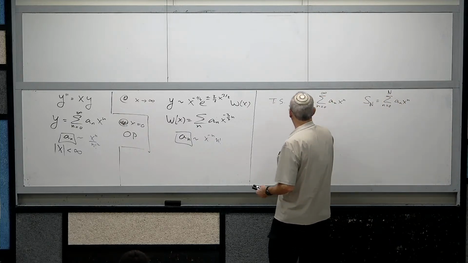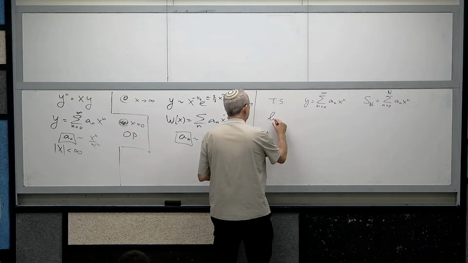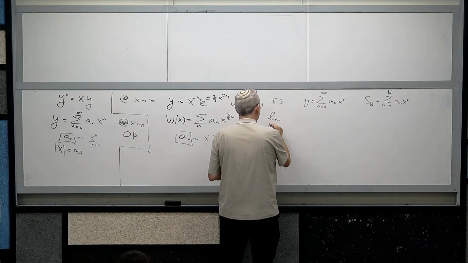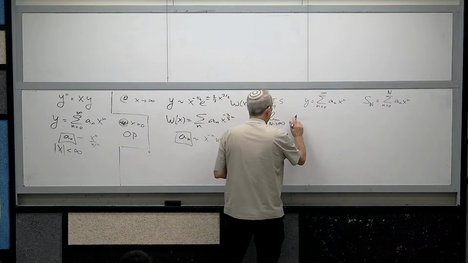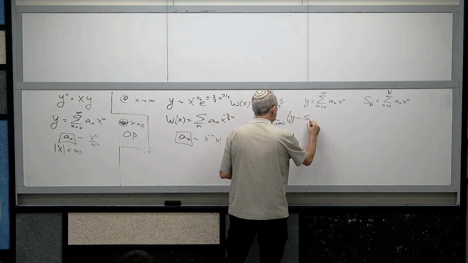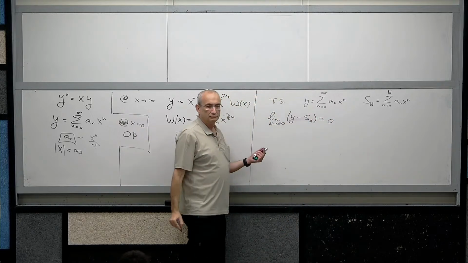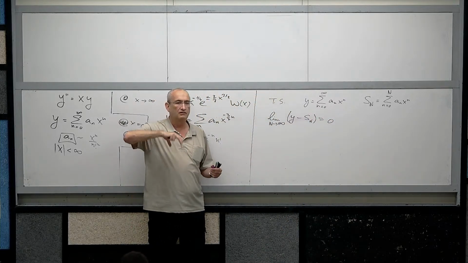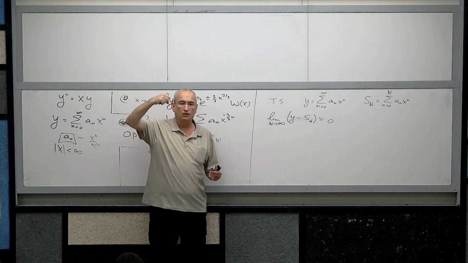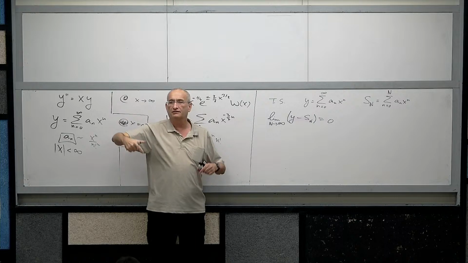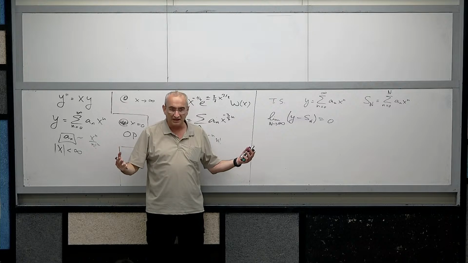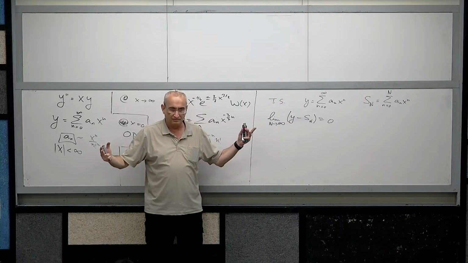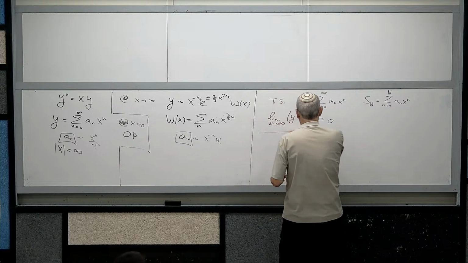The Taylor series satisfies a very simple relationship: the limit as capital N goes to infinity of the actual function y minus S_N is going to 0. So if you take more and more terms, at the end of the day you converge to the right answer. Maybe it takes many terms, but it works.